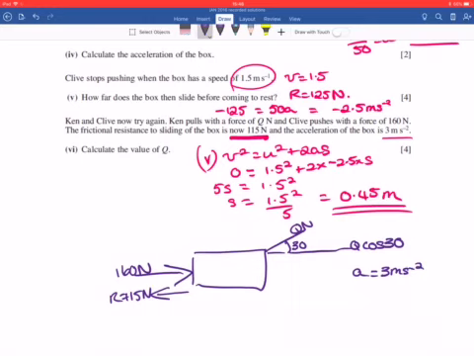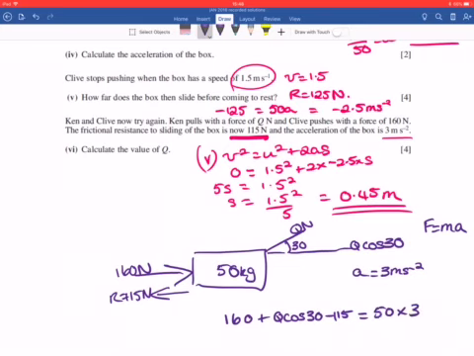Okay, so using Newton's second law of motion, F equals ma. What have I got? I've got 160 plus Q cos 30 minus 115, whoops, equals mass, sorry, put that in, which is 50 times 3.